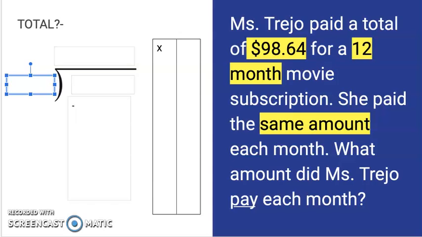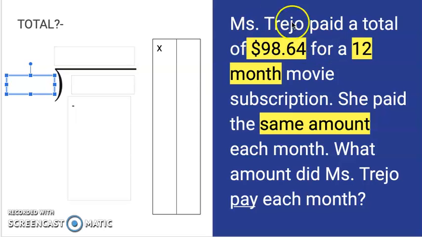So Ms. Trejo paid a total of $98.64 for a 12-month movie subscription. She paid the same amount each month. So what amount did Ms. Trejo pay each month? Now, this is the total amount that I'm going to pay for 12 months.